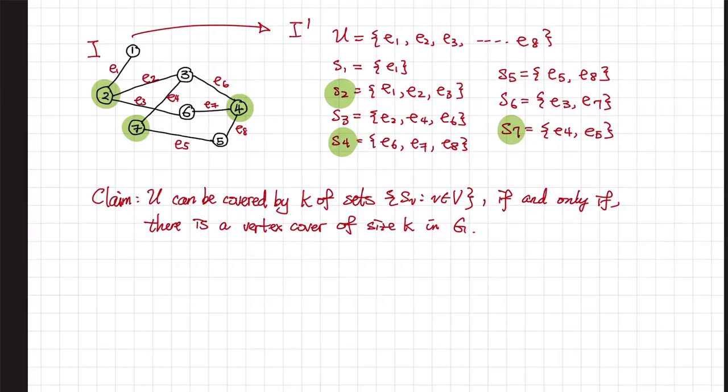If you can find a vertex cover with size k, then there also exists a set cover with size k. You say that out of the one-to-one relation of the selection, and explain why it always exists. Okay, so I won't write down the proof. I will leave the proof for you to do as an exercise.